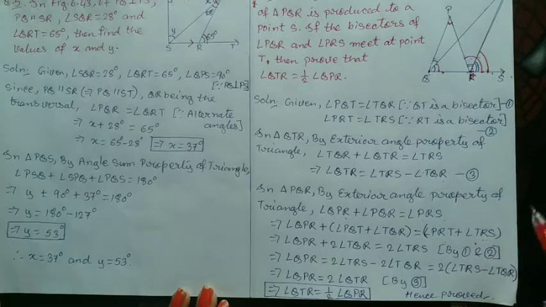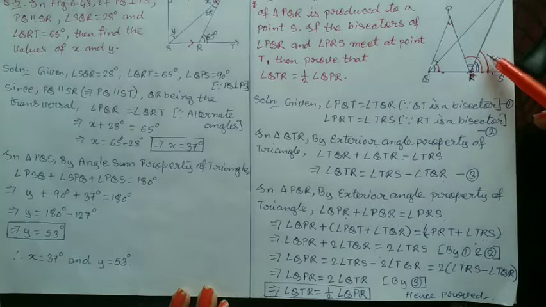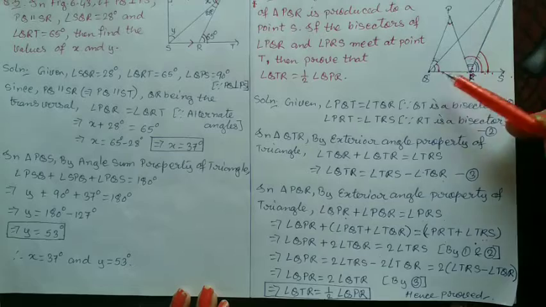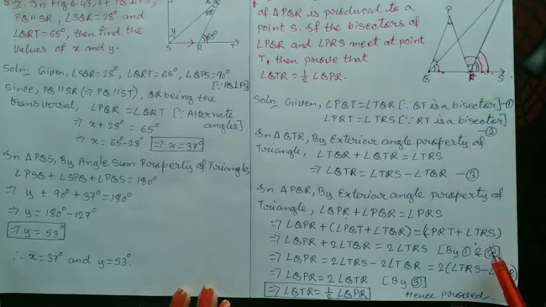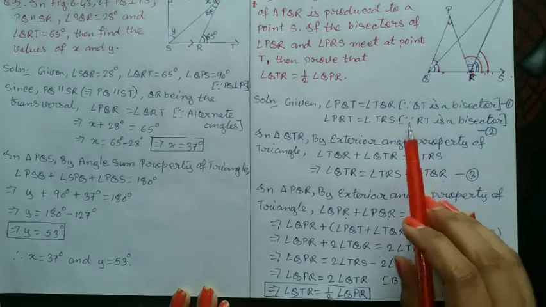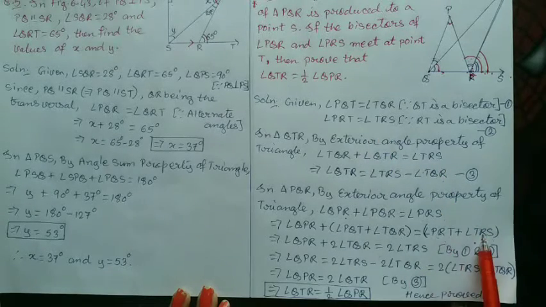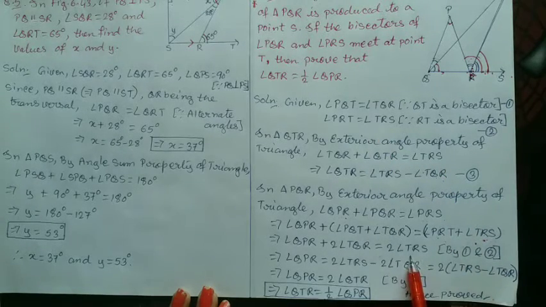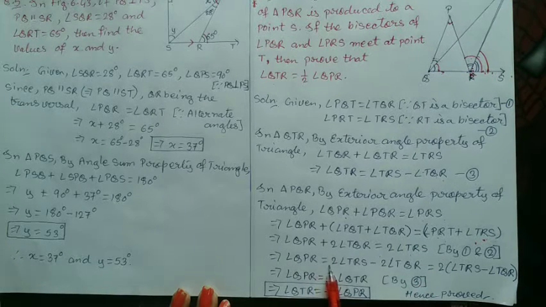Now TRS is the exterior angle, right? It is related to TQR. That's why we will choose TRS. These two are also equal by equation 2, so this plus this can be written as twice TRS. Now we will take these two to the same side. So we get angle QRP is equal to twice TRS.